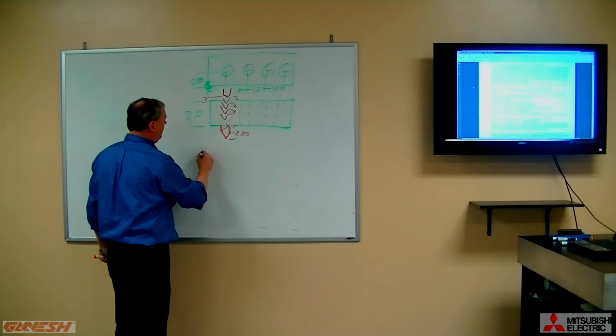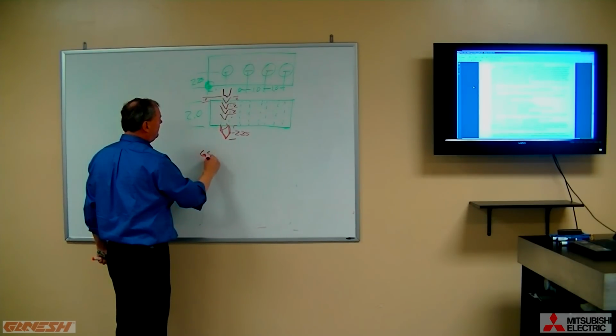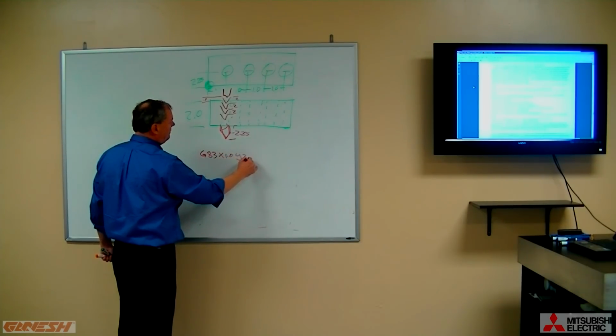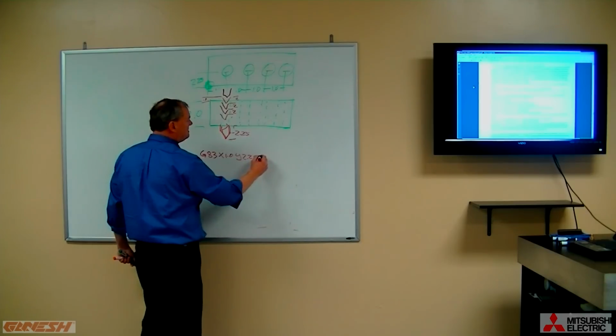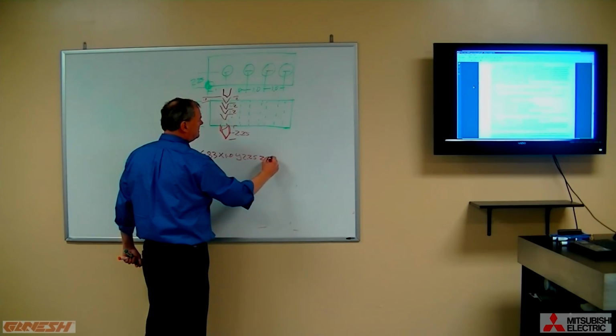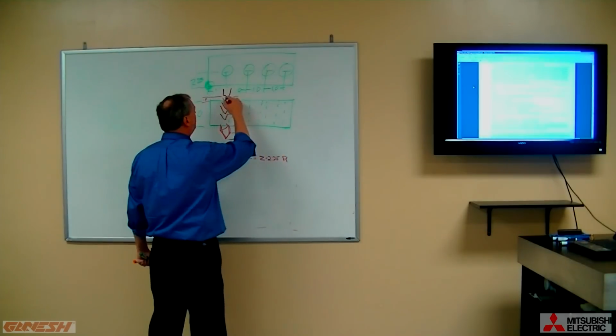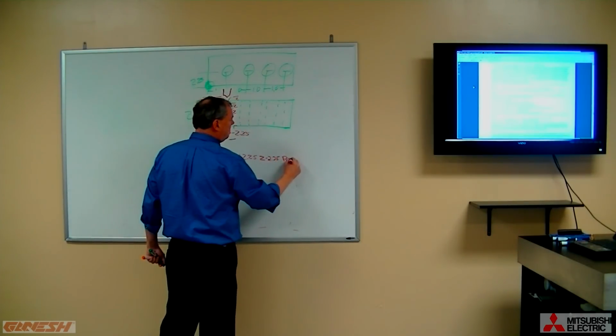For this part, the drilling cycle would simply be G83, position it over the first hole, X 1.0, Y 2.25. Give it the Z depth, Z minus 2.25. Give it your R level, which you're familiar with from before, a starting point of R.1.